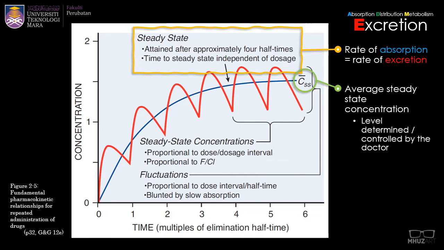The average steady state concentration can be determined or controlled by the doctor, and this has implications when we start talking about loading dose and maintenance dose in the next lecture.